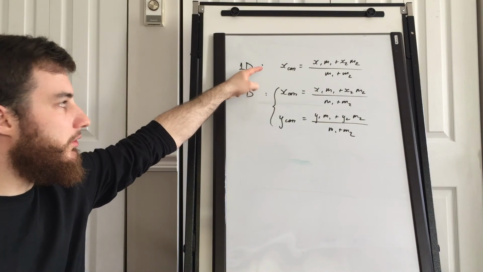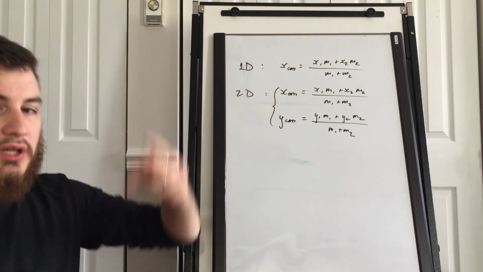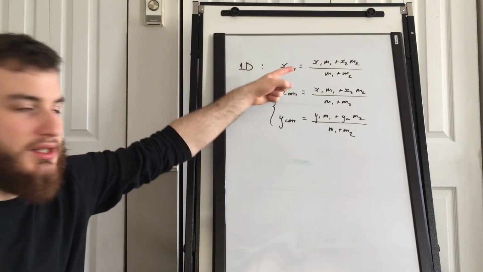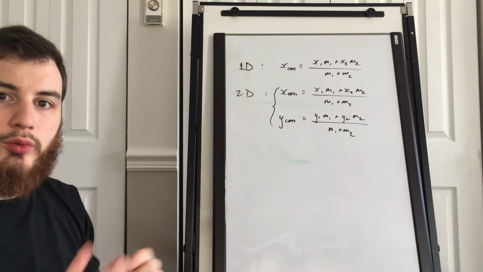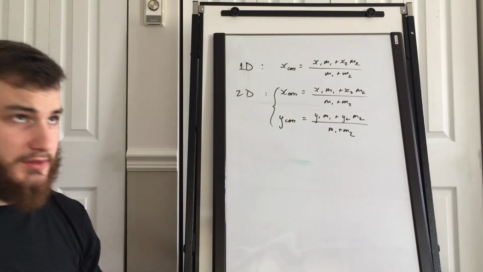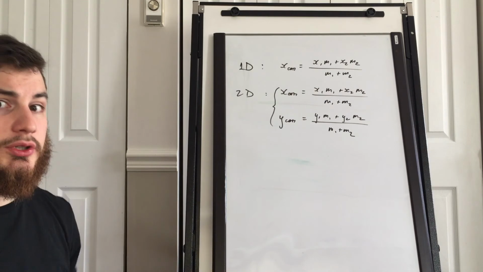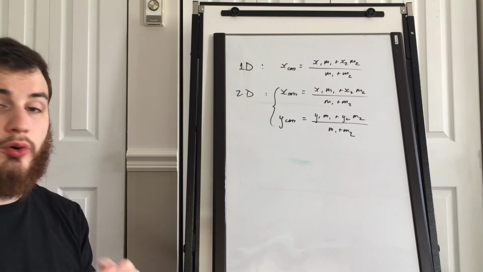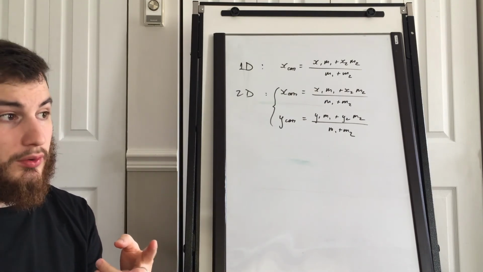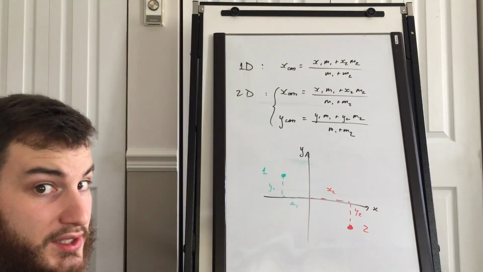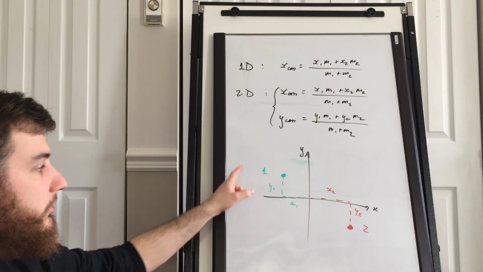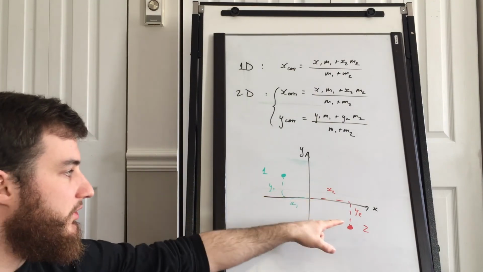In one dimension, we just have the position in x. Could be in y, could be in z, you just change the x's for y or z depending on which axis they are. If you have 2 dimensions, say on the xy plane, like this board, what you'll have is the coordinates of the points, x and y, for point 1 and point 2. For example, you have 2 points, 2 masses, x1, y1, x2, y2.